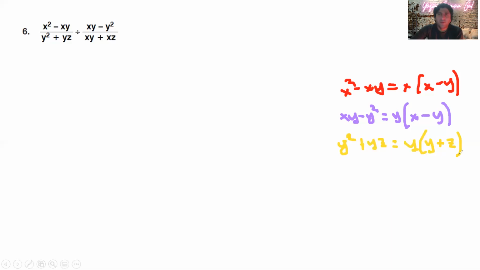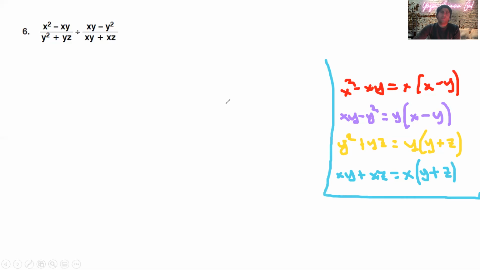Now I have xy plus xz. That equals, what is common here? X. Then this is going to be y plus z. Okay, now this is the information I will be using here.